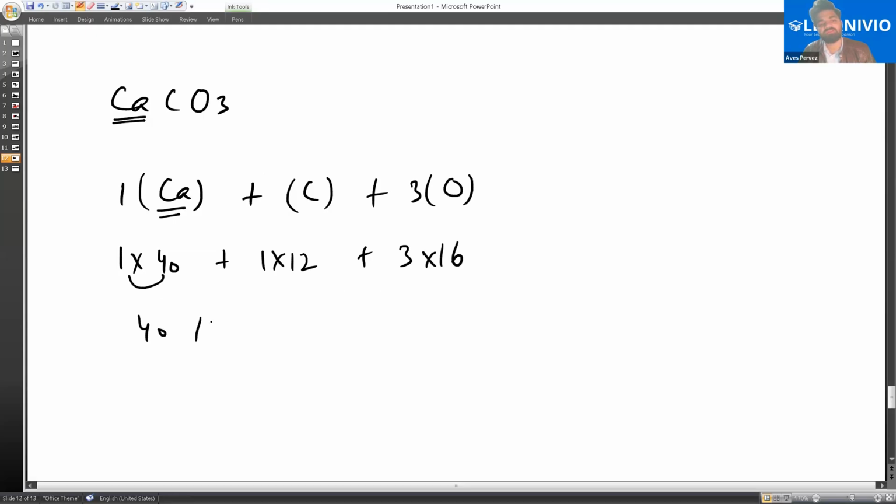So 40 plus 12 plus 48. When you add them all, it gives you 100. Okay, got it? Do it fast. Calculate.